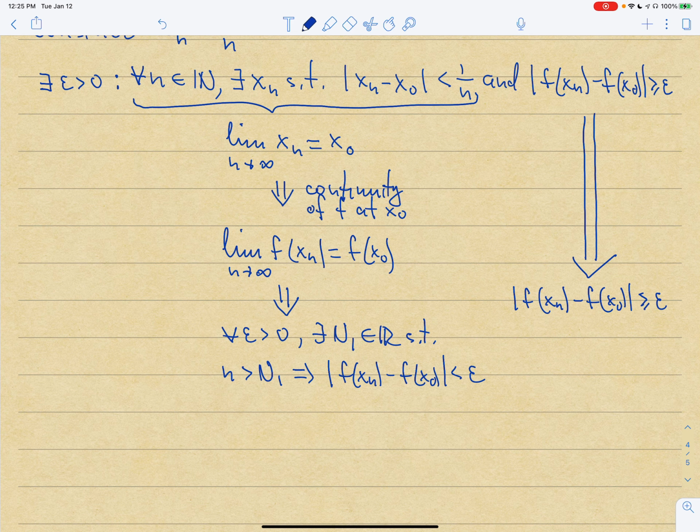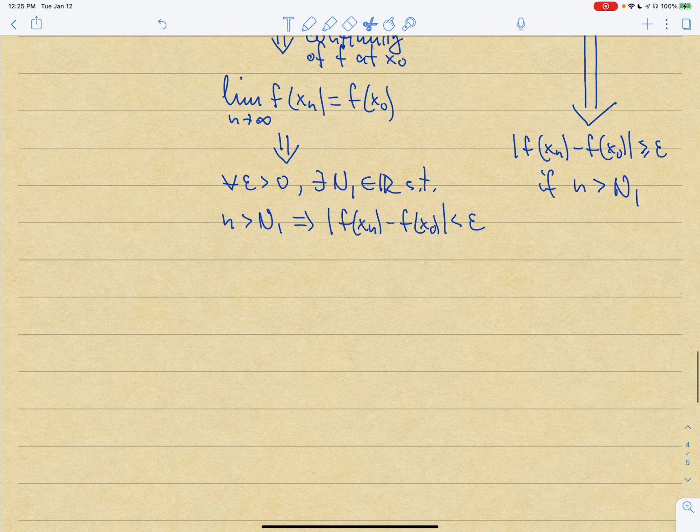So in particular, if n is bigger than N1, I have that the difference must be less than epsilon from here, and it must be greater or equal than epsilon from there, which is a contradiction.